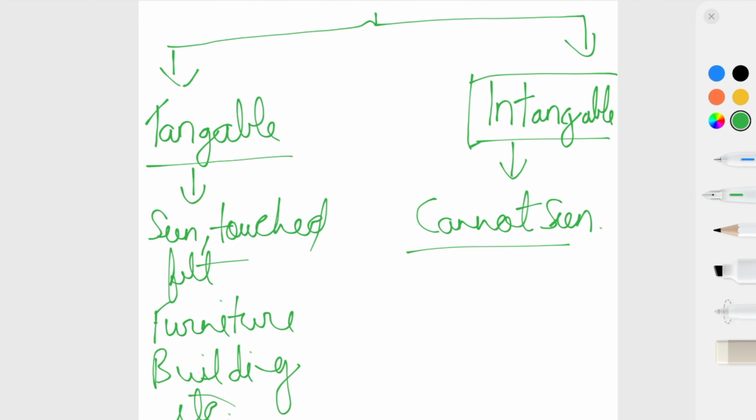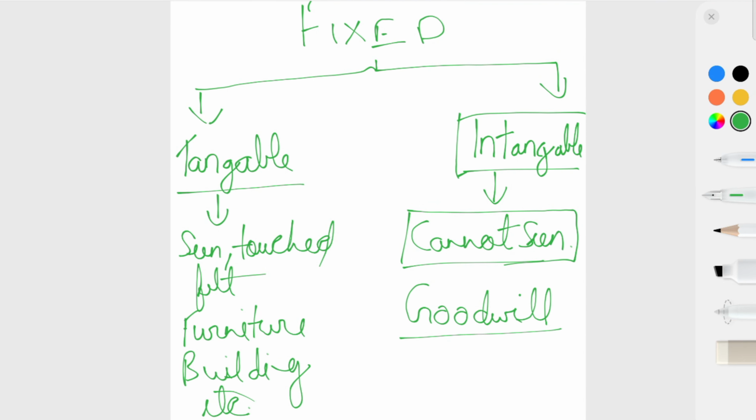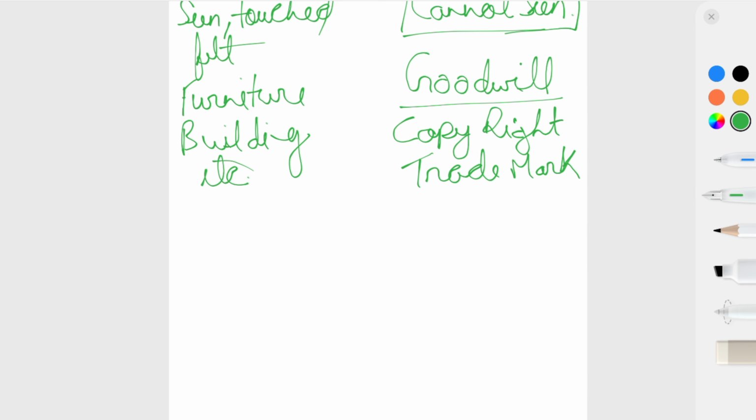Intangible assets are assets which cannot be seen, touched, or felt. So sir, examples of these are beta goodwill, copyright, trademark. These are some of the examples of intangible assets.